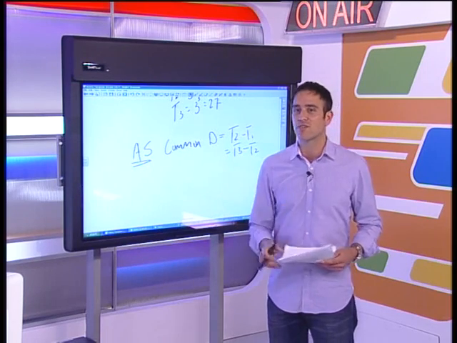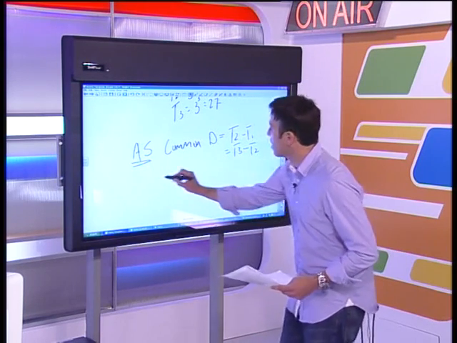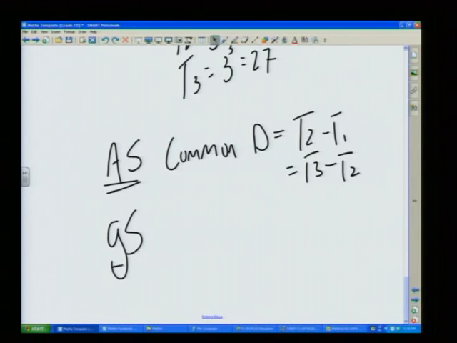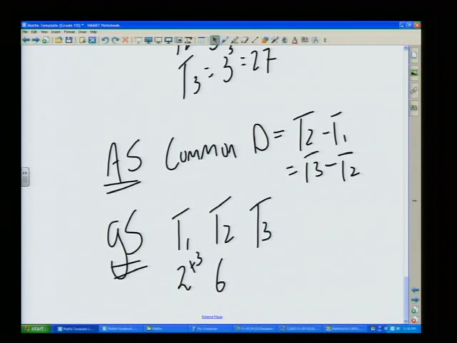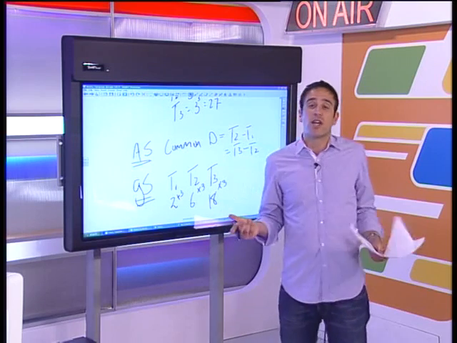So the geometric sequence goes T1, T2, T3, and an example of that is, if I start at 2 and I multiply by 3, I end up with a 6. Then I multiply by 3 and I end up with an 18. And then I multiply by 3 again. I can keep going like that forever.